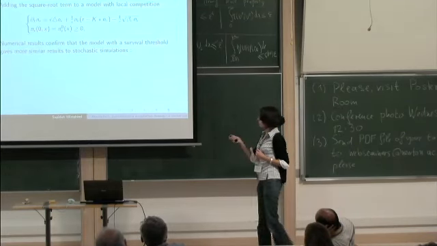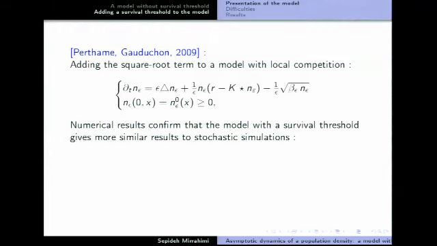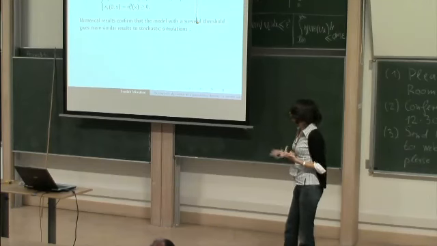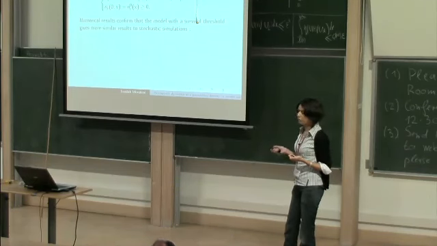So this model was first suggested by Benoît Perthame and Mathias Gauduchon in another model of population dynamics with local competitions, with a competition kernel, and they added this term to the equation, and their numerical results confirm that the model with this square root term gives more similar results to stochastic simulations.